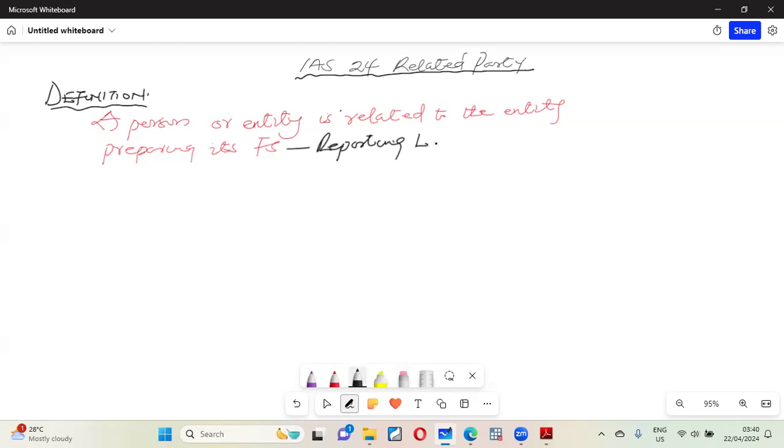All right. So are you related to the reporting entity? So that is the question. So therefore, a related party transaction. So now we look at a related party transaction.